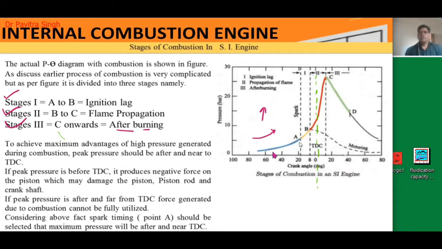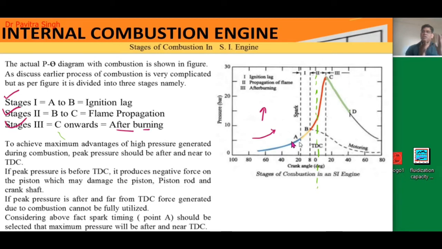When the piston is moving from BDC to TDC, the crank angle is changing from 0 to 180 degrees. Here you can see both valves, inlet and exhaust valves, are closed and the piston is moving from BDC to TDC.